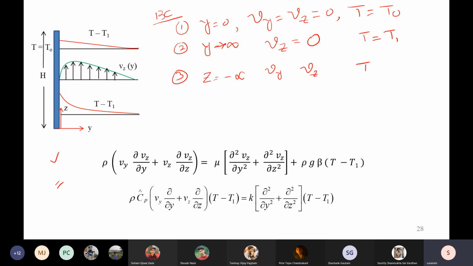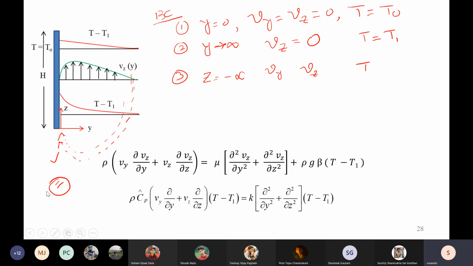What would be Vy? See, anything that goes up is to be replenished by some fluid from the bulk, and this is going to go up to this point where Vz is 0. It would probably look something like this, just a representation.